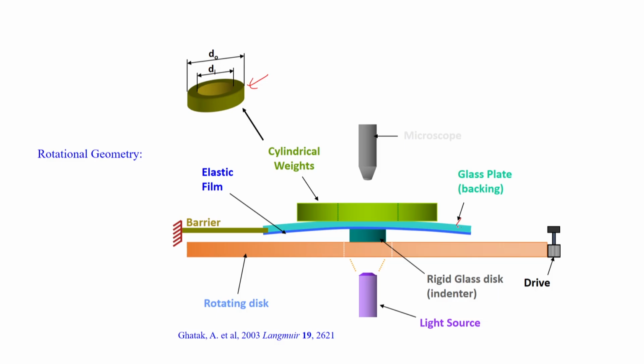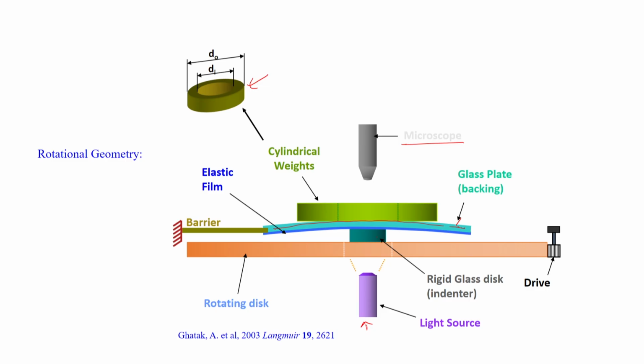This is the glass backing, and this is a rigid glass disc, so we can see through it, and this is the light source, and this is a microscope camera. We put different annular loads, cylindrical weights, and this leads to the plate being bent. The bending is very small, but nevertheless it is there.